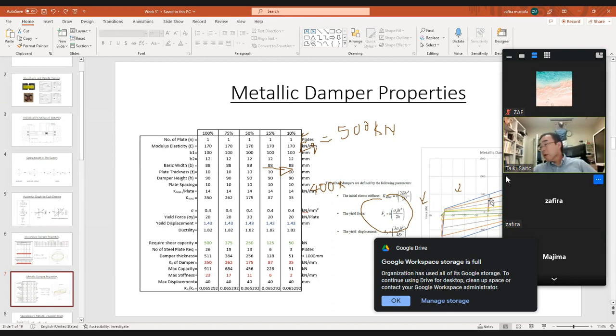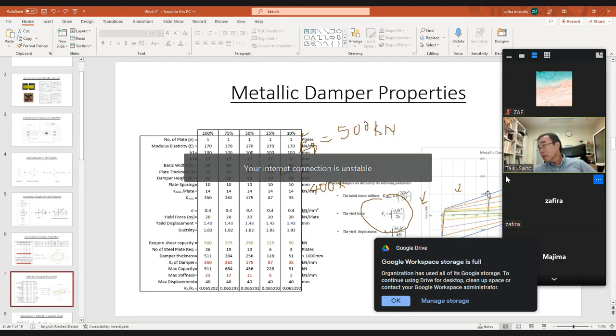No, both dampers will deform together. Of course it's together. But this one, the larger deformation in the second stiffness will be larger after 500 kilonewton, right, sensei? Yeah, of course.